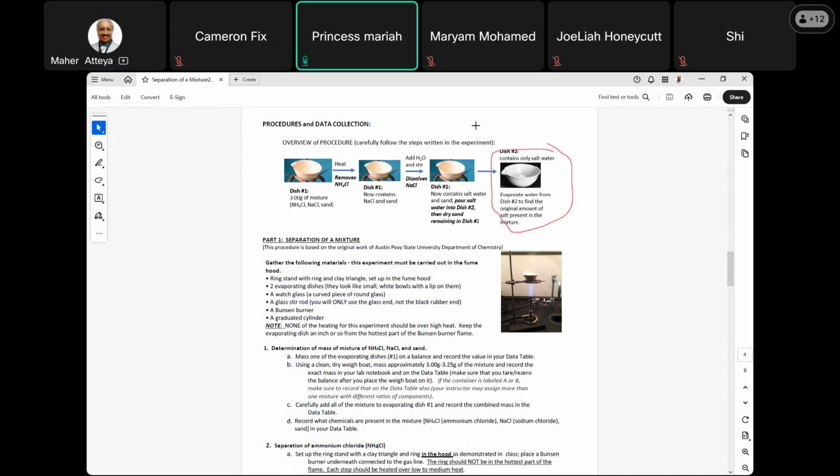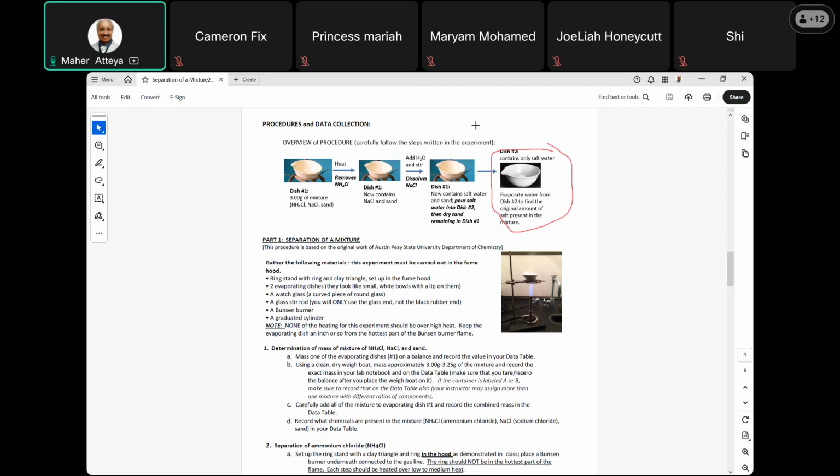So now we know inside this evaporating dish, we weigh 3 grams, correct? We turn on our Bunsen burner and heat. When we heat, the ammonium chloride starts smoking. We'll wait until the whole smoke is out.